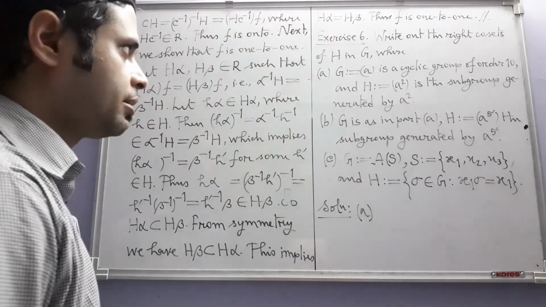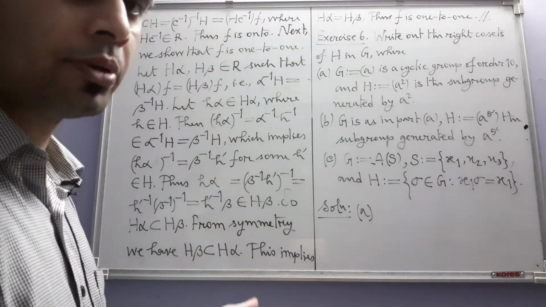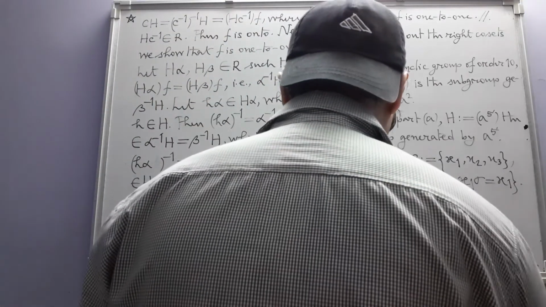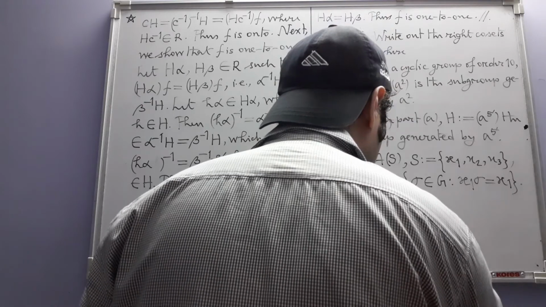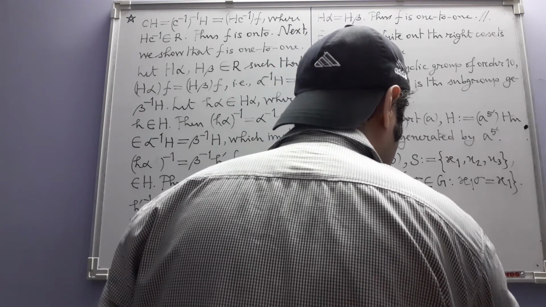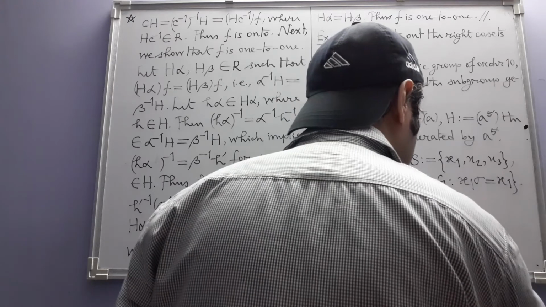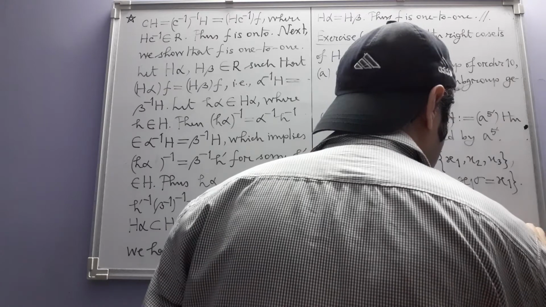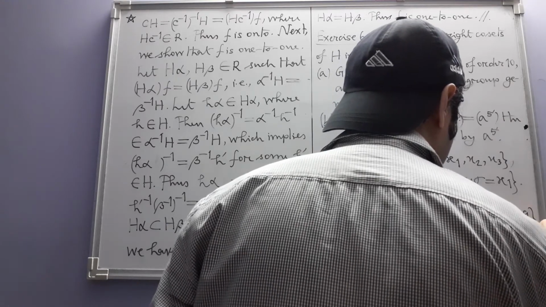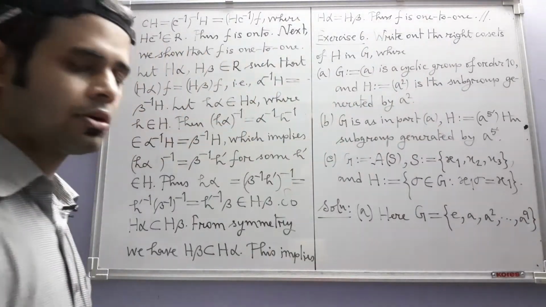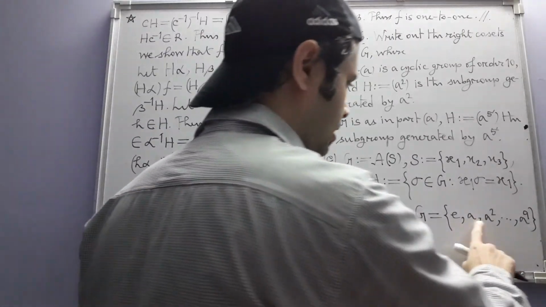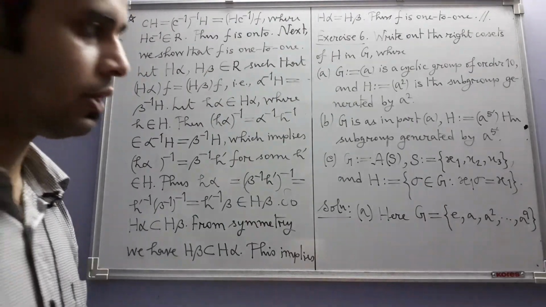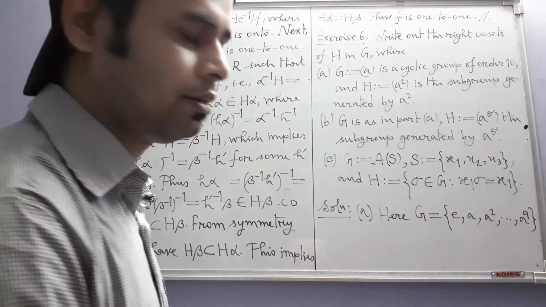Okay. So in part A we have a cyclic group of order 10 where the generator is some element A. So this means here G consists of these symbols A to the power 9. It has order 10 because there are 9 positive integral powers of A along with the identity, and A to the power 10 is supposed to be that identity.